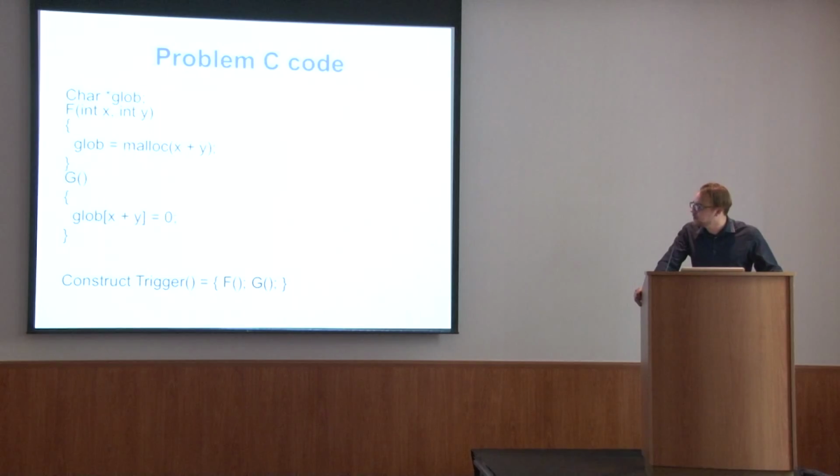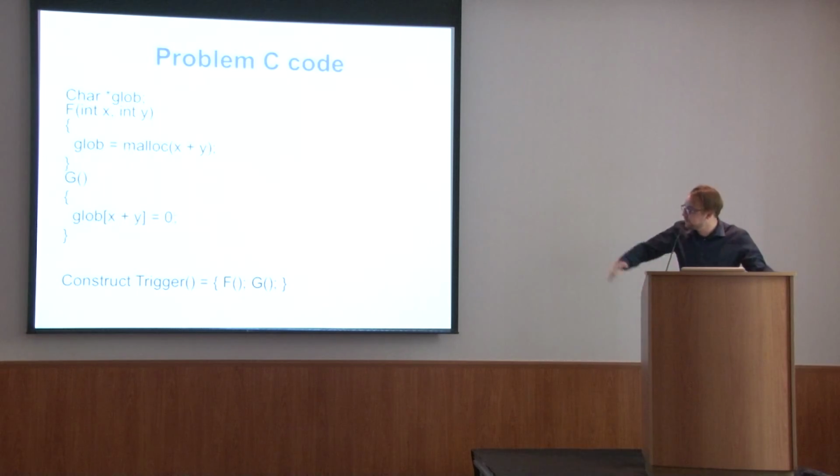Let me give the example straight away because it's not always easy to bear with my formalization of these problems. Let's say you have two functions, f and g. One function does glob equal malloc of x plus y. If you do static analysis function by function independently, you're never going to figure out that there is a problem there, because doing malloc x plus y is not necessarily a bug at all.